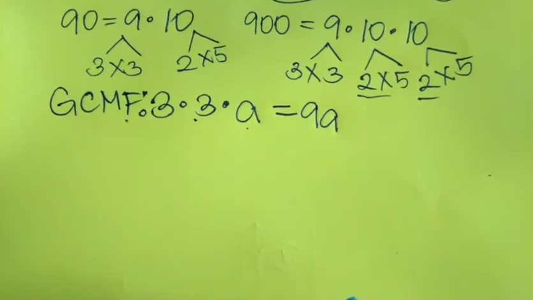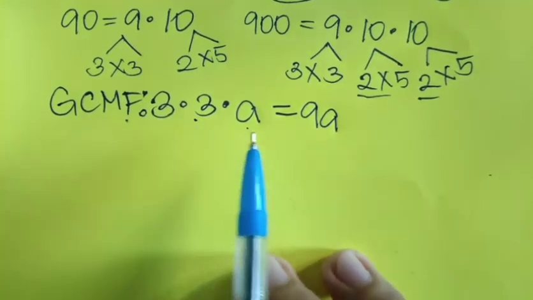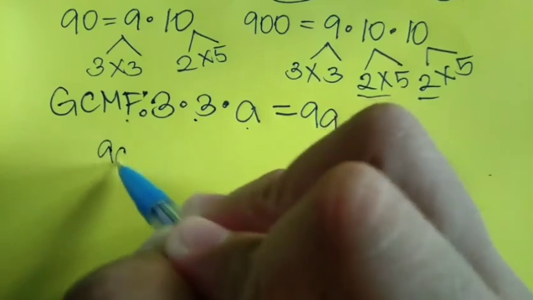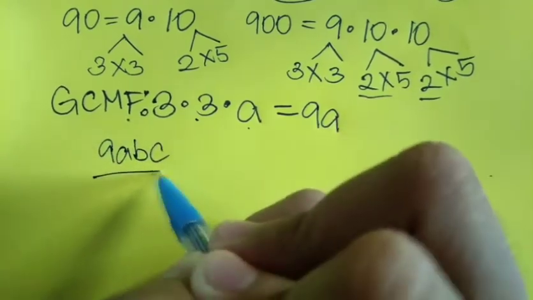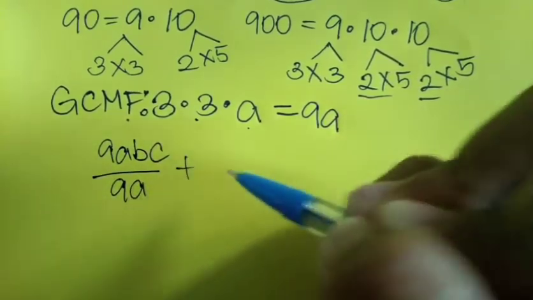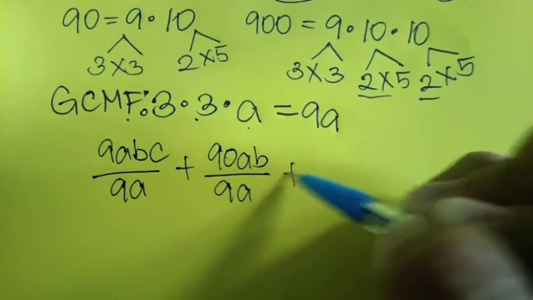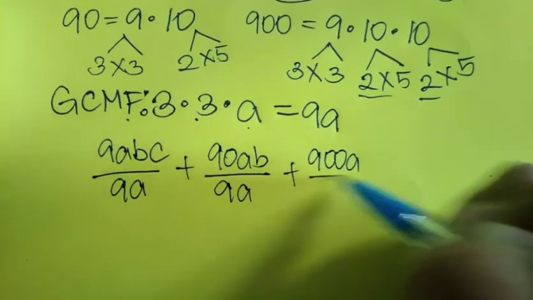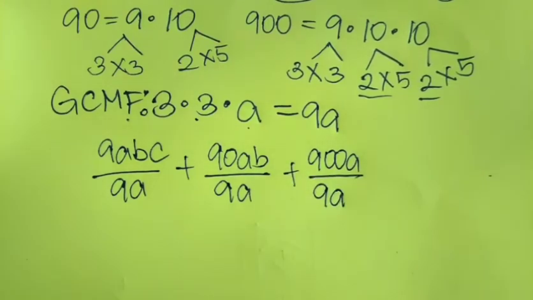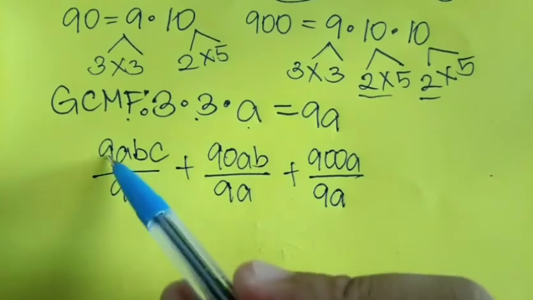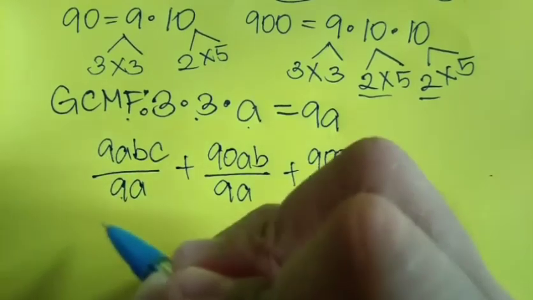Third step, kunin natin yung second factor. We have 9ABC over 9A plus 90AB over 9A plus 900A over 9A. 9 divided by 9 is 1.